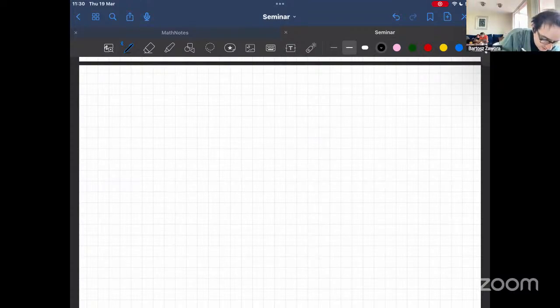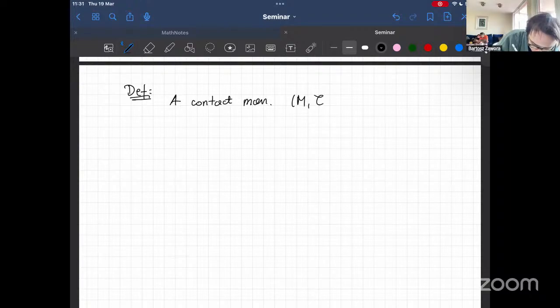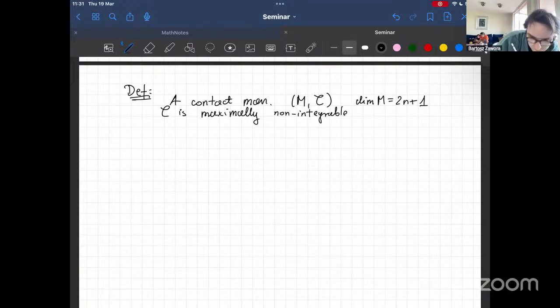So a general definition is that a contact manifold is a pair (M, C) where the dimension of M is 2n plus 1, so it's odd, and C is a maximally non-integrable distribution of corank 1.